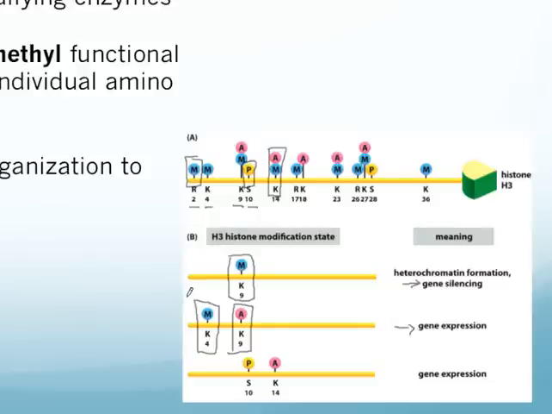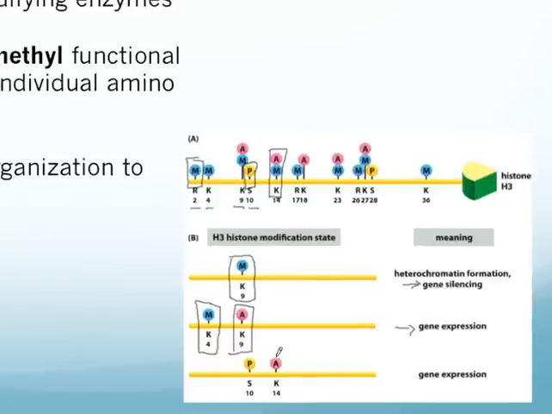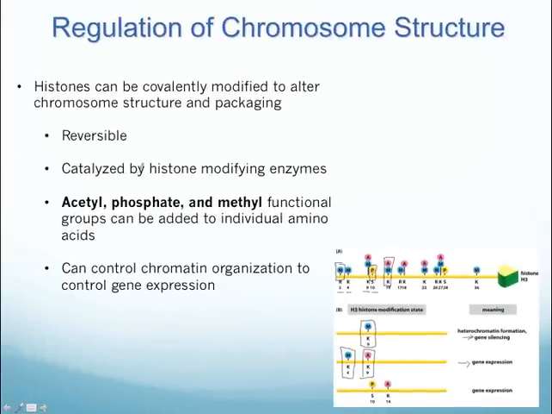Okay, you need to know these specific examples, but you need to understand that covalent modification of this histone H3 tail can either turn genes off or turn genes on, and it does so by regulating how tightly folded the chromatin is. Okay, so a couple things to remember about this. First is that these covalent modifications are reversible.